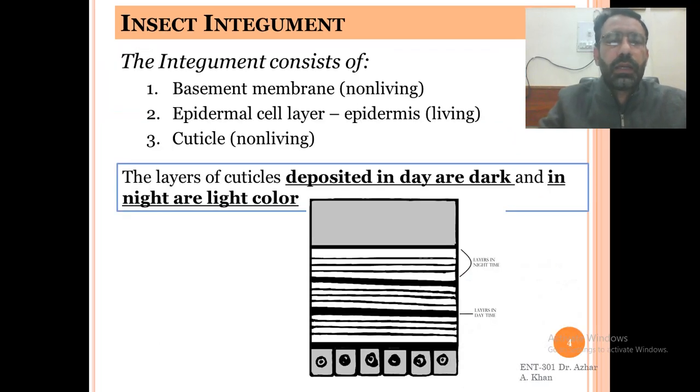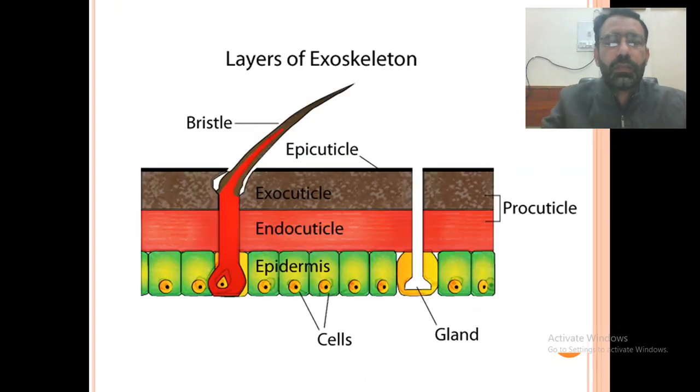So, the insect integument, as we have already discussed, is composed of three basic layers: basement membrane, epidermal layer, and then cuticle. Here we can see that while depositing different layers, if the cuticle is deposited during daytime, its color will be darker, and in contrast, if the cuticle is deposited during night time, its color will be light.